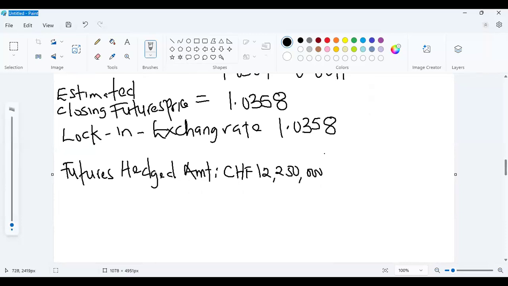This will be converted at the rate of 1.0358. That will give you the dollar for that amount.